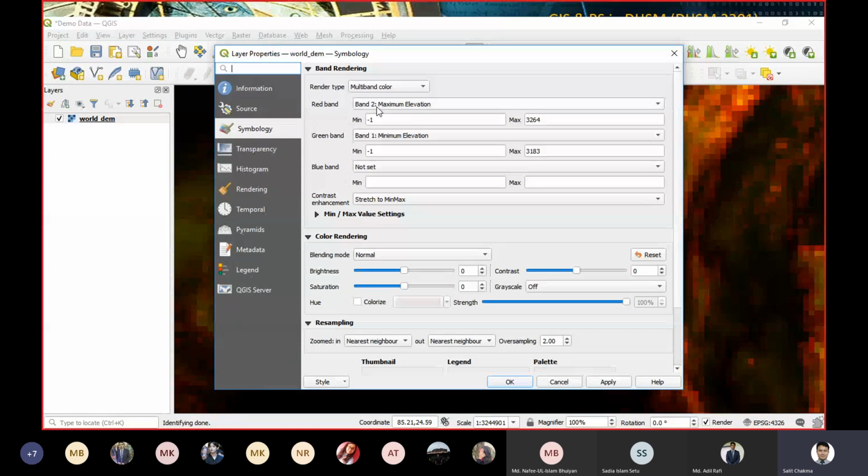So here I mapped with a minimum elevation and maximum elevation. I identified the red color as the maximum values, and the minimum values are the green values. Okay, so I said that, and then I mapped it out.